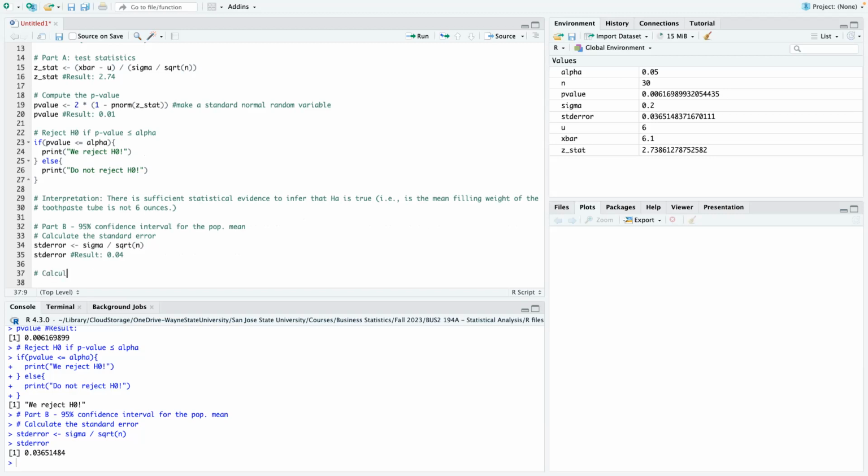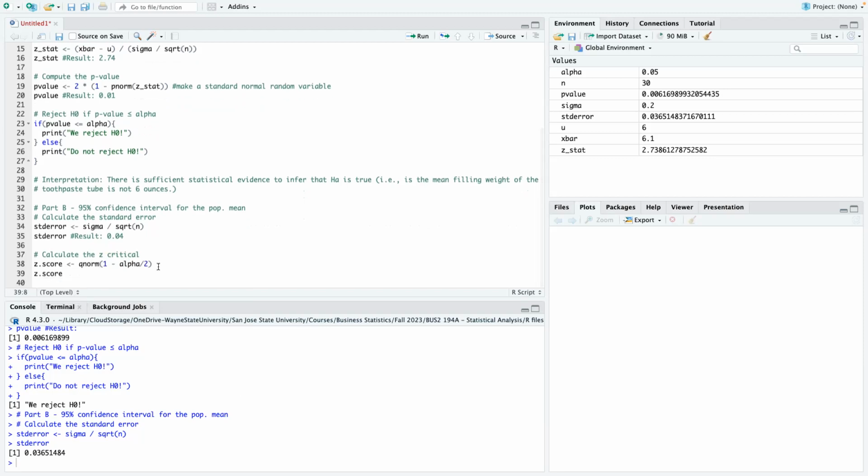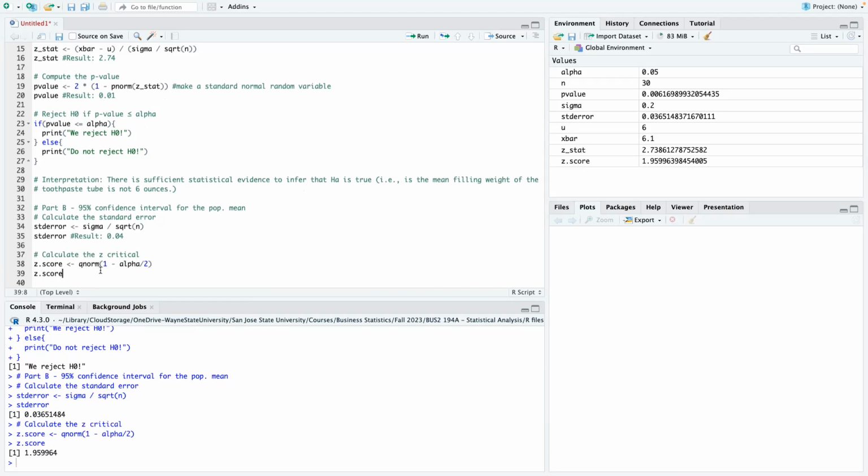So Z critical for 95% confidence level is 1.96, if you remember that. You can also look at that from the Z distribution table.